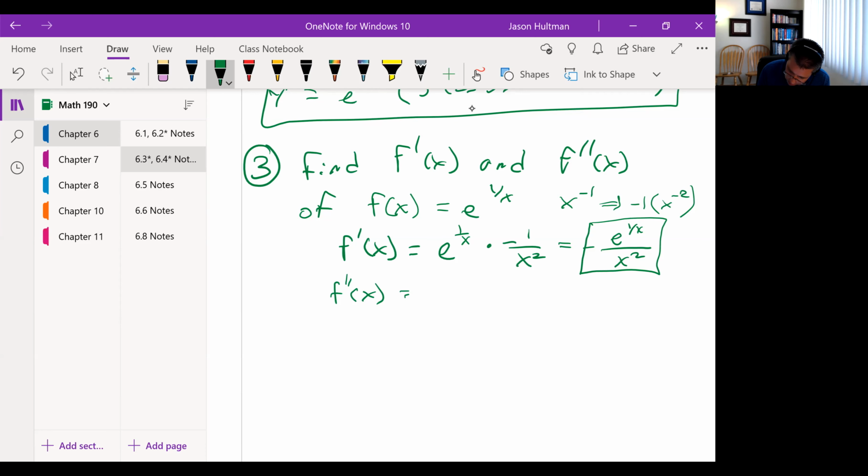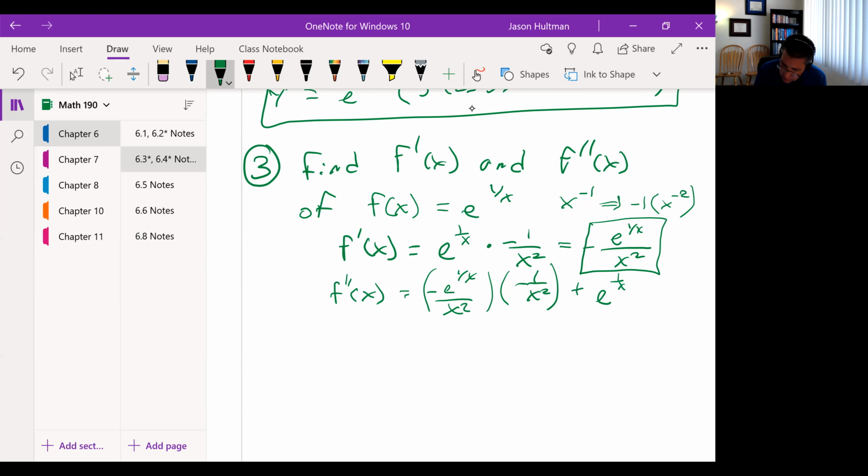This is going to be the derivative of the first, negative e to the 1 over x squared, times negative 1 over x squared, plus the first times the derivative of the second. So this is e to the 1 over x times the derivative of negative x to the negative 2.